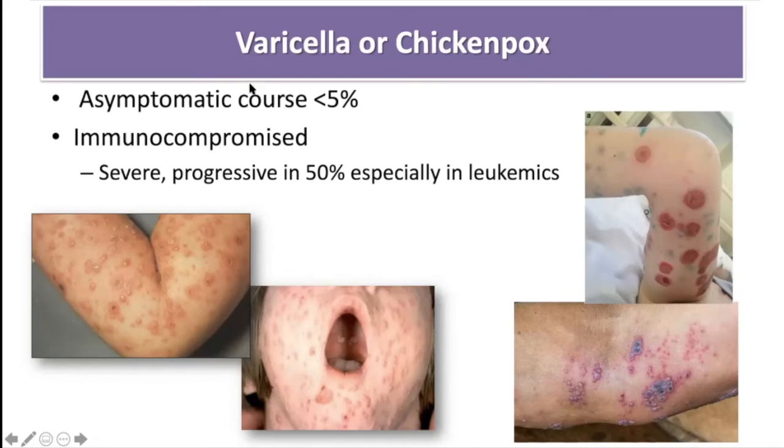While some others, around 5%, would have an asymptomatic course. So this is the typical appearance of the lesions in chickenpox. So blister formation, you'd also be able to appreciate macular rashes at the same time with the blister formation.